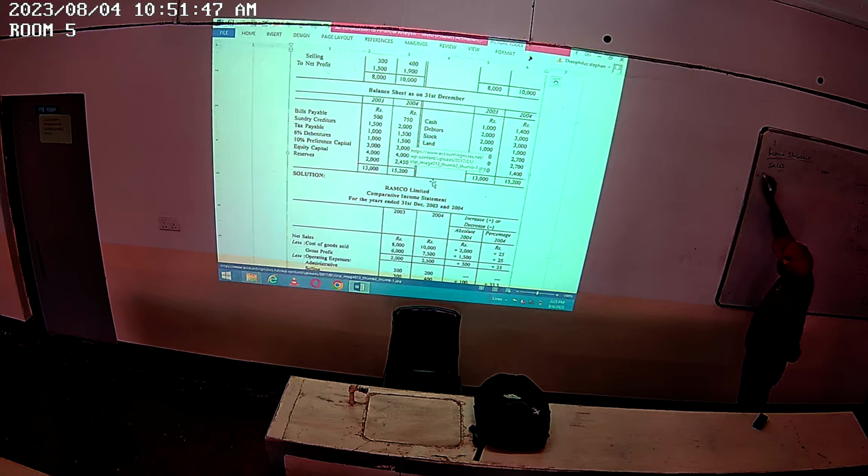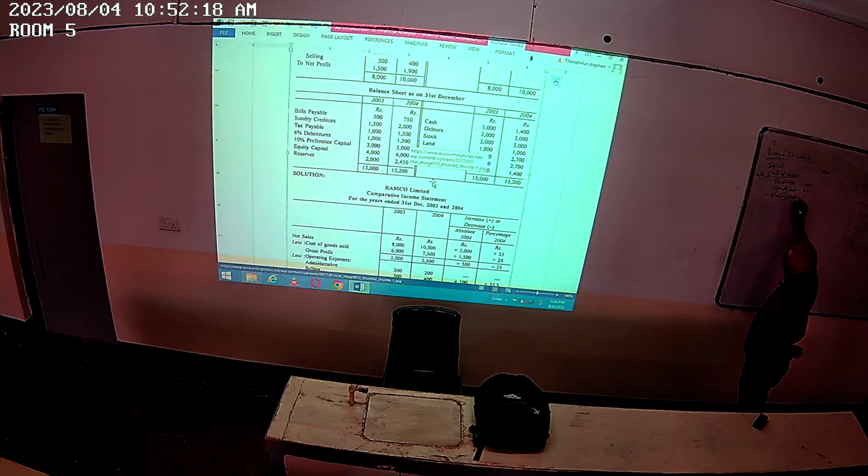Then we list cost of sales, and in cost of sales we have purchases. We add opening stock to purchases, and we list closing stock.